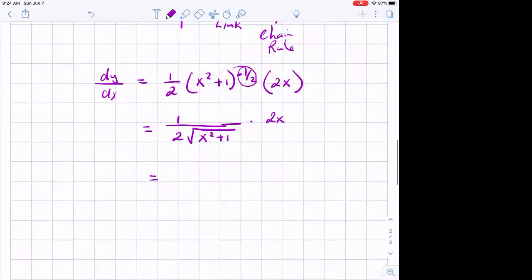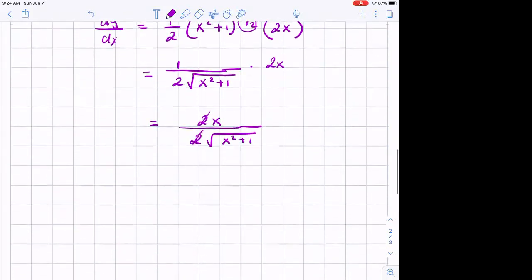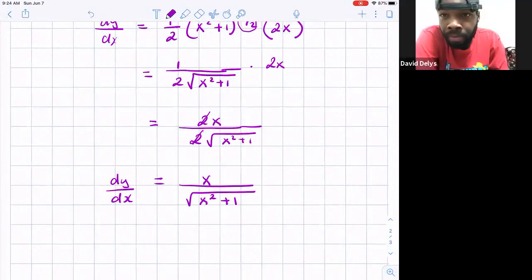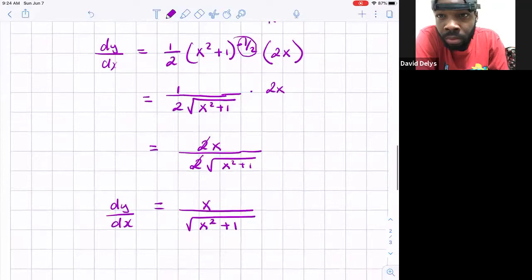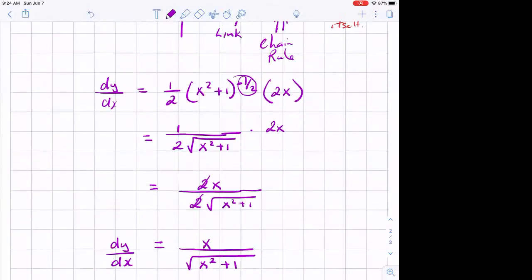And then I can even simplify one more step or two more steps, step by step. And then this 2 can cancel with that 2. So we actually have x over the square root of x squared plus 1. So this would be dy/dx. Yeah? Yes. So all of this is simplification.